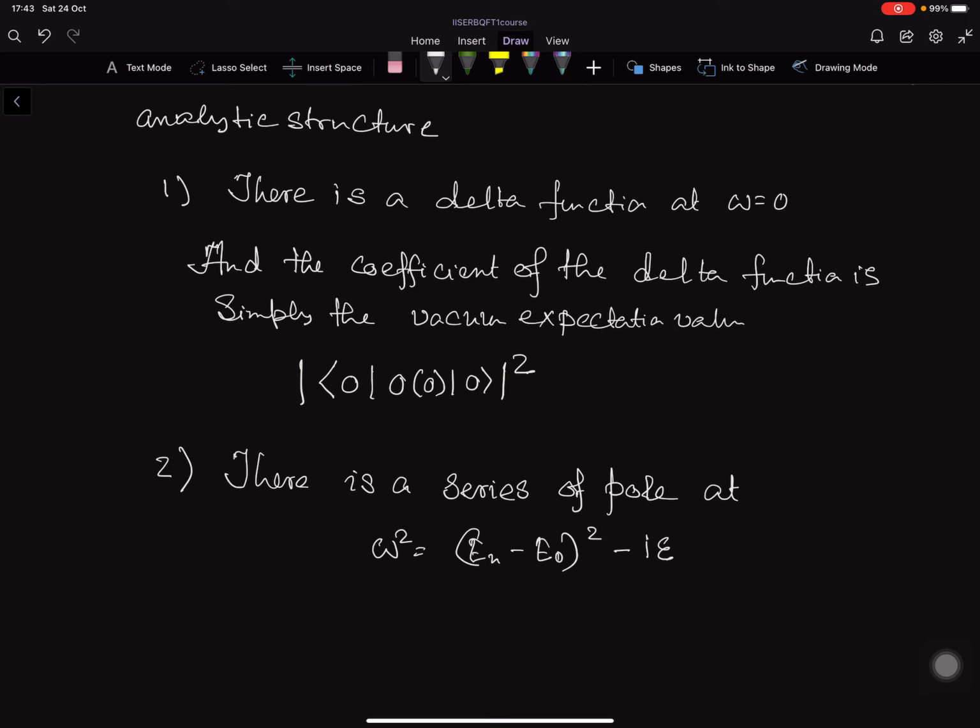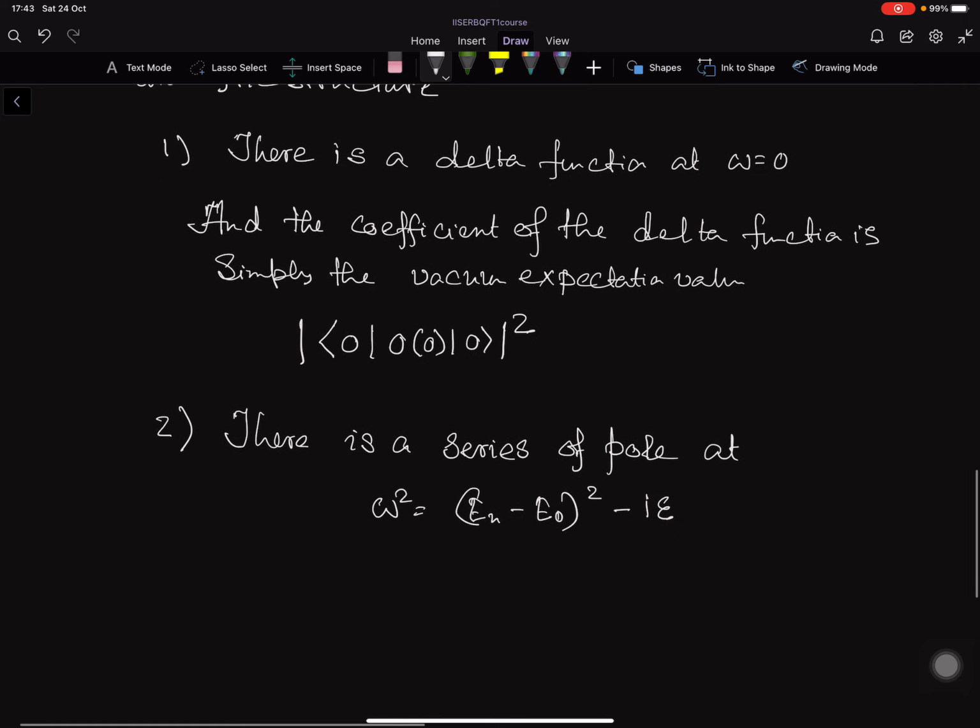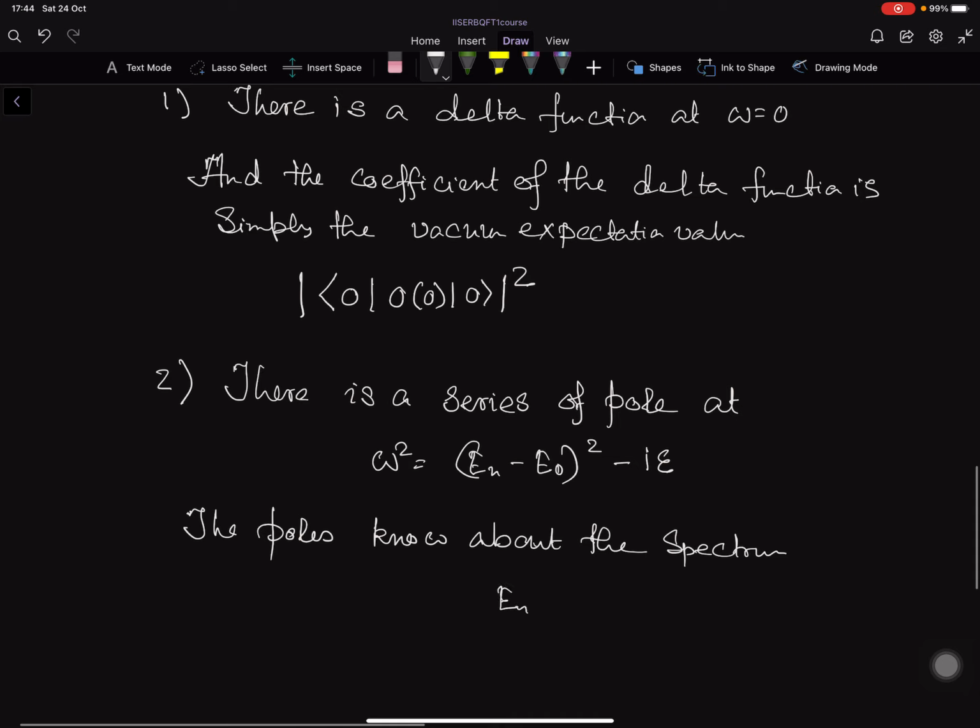You see that the poles know about the spectrum, because the poles are all at En minus E0, with the minus i epsilon.